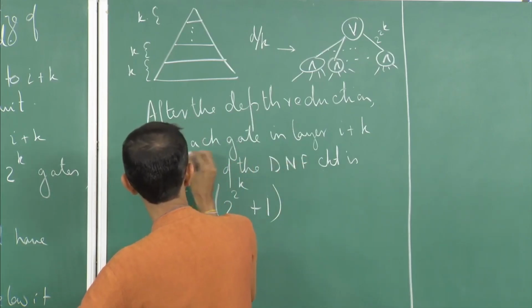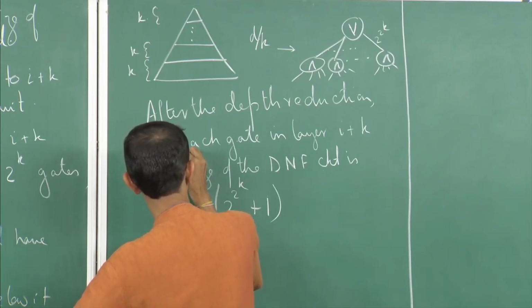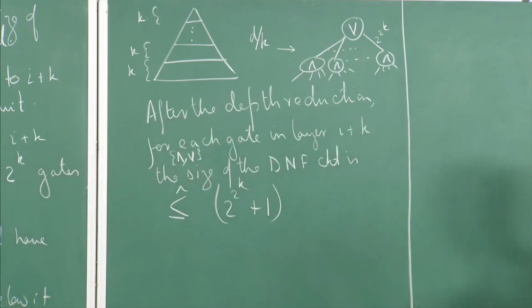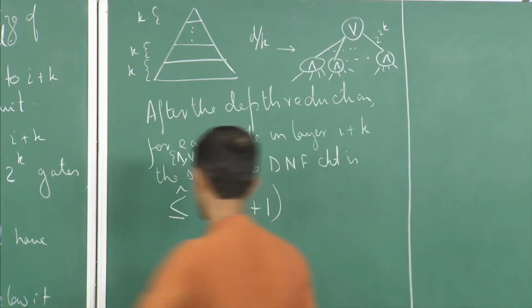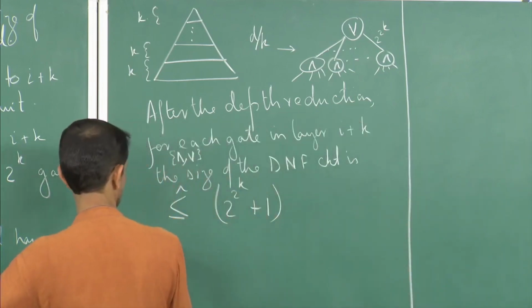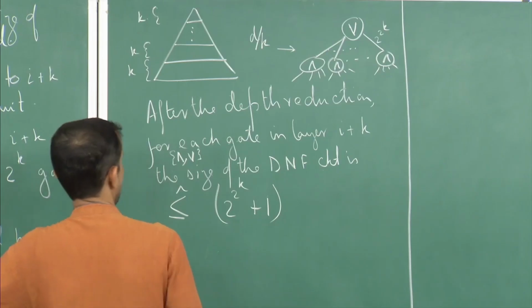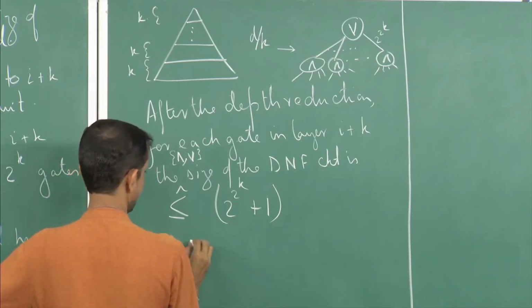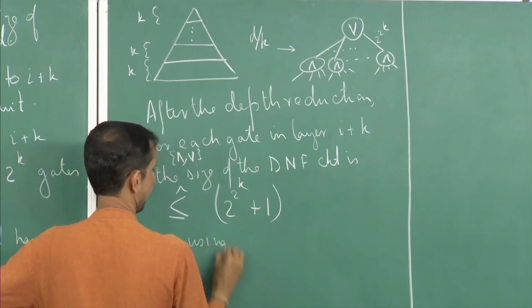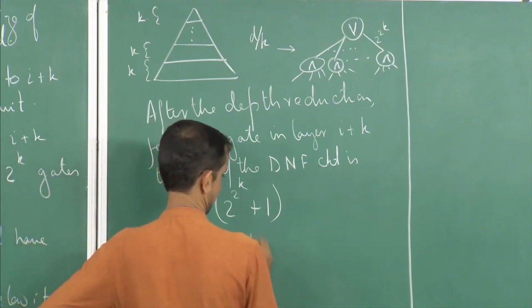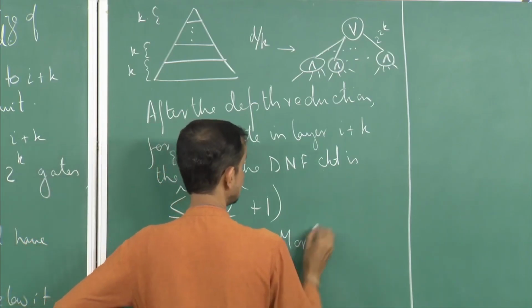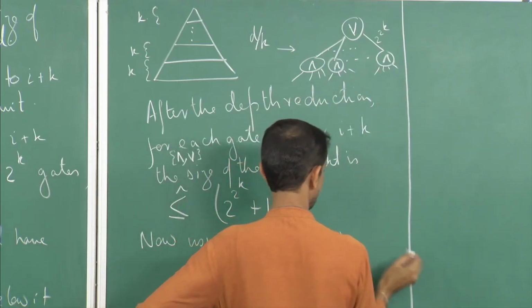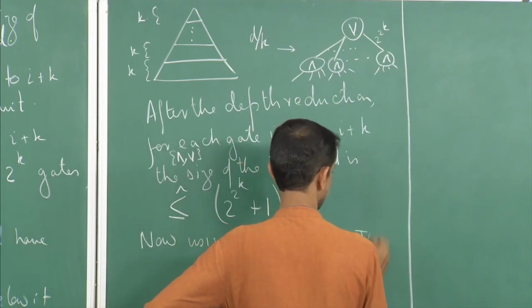Just write it over here, the AND OR size of the DNF circuit is at most this much. Okay. Now, using De Morgan's, I will have some NOT gates, but I can shift all the NOT gates to the bottom by using De Morgan's theorem.